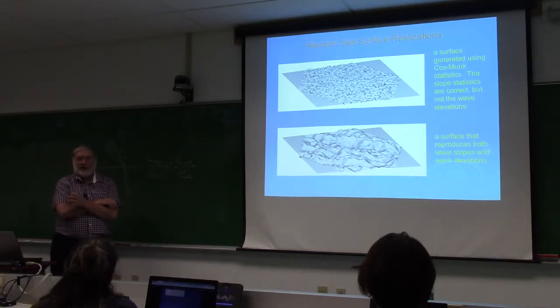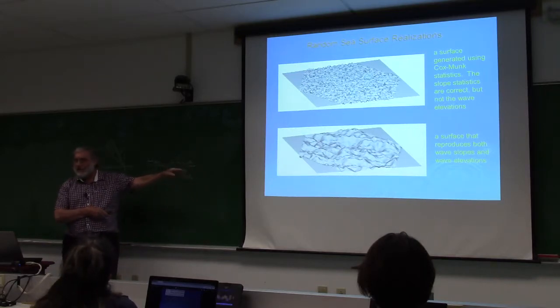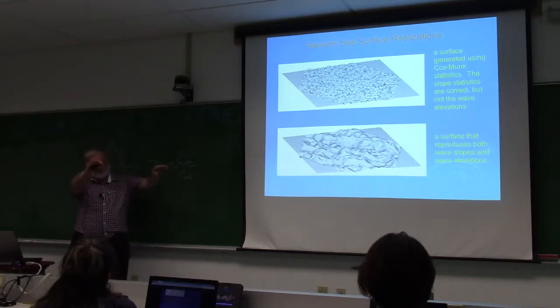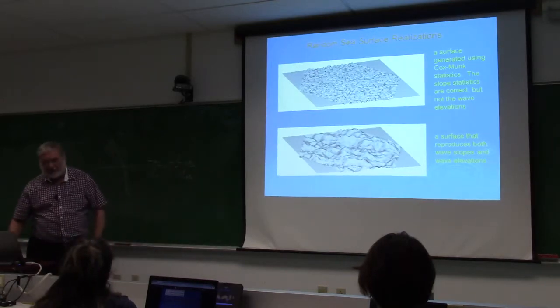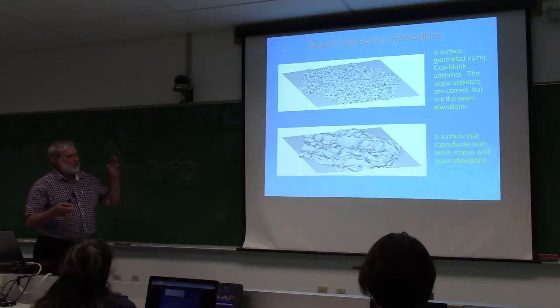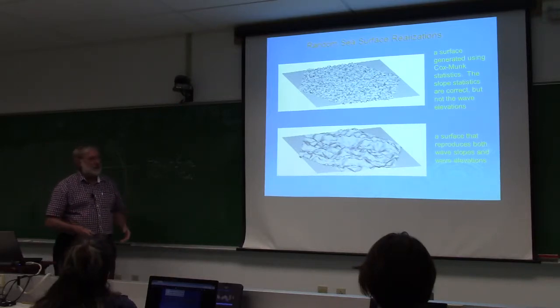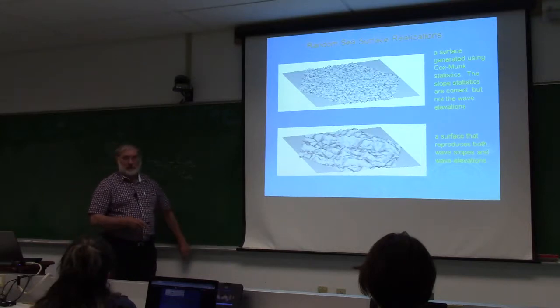And he got an Academy Award for showing Hollywood how to generate sea surfaces. And like the first movie that used his technique was Waterworld. So in Waterworld, you'll see these pictures of the ocean here. They're all generated with this fancy Fourier transform technique. Well, I spent weeks digging through these equations and programming them up, and I couldn't get them to work right, and they just weren't conserving energy.